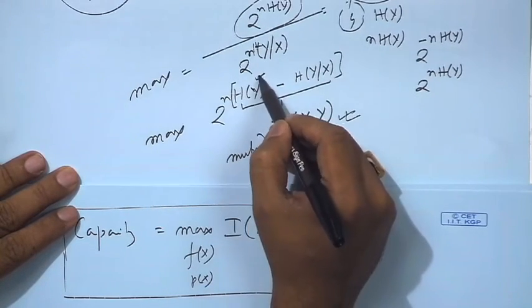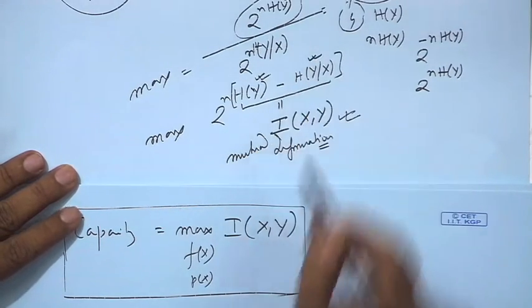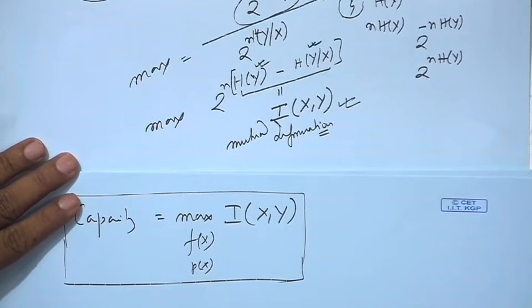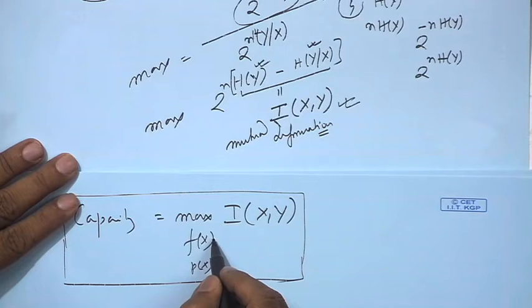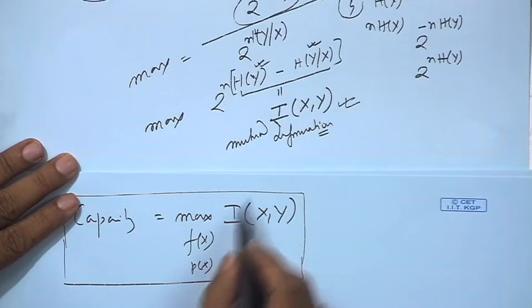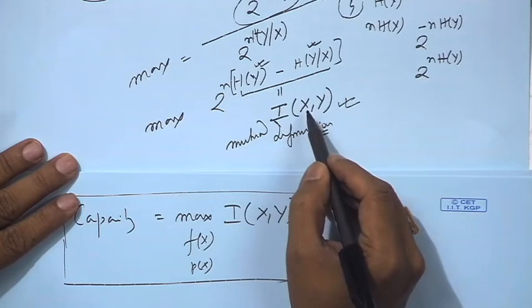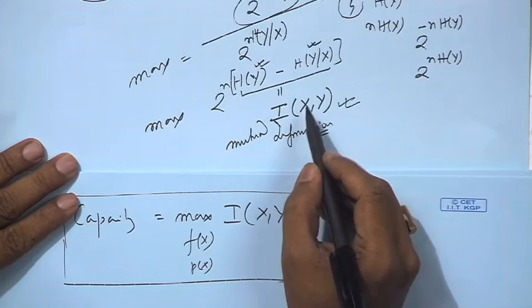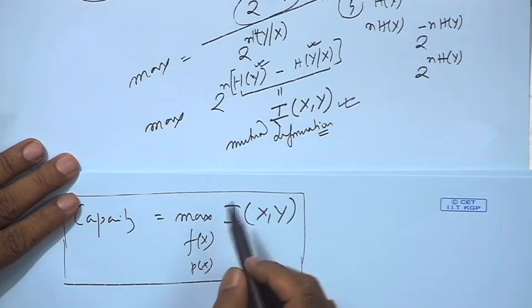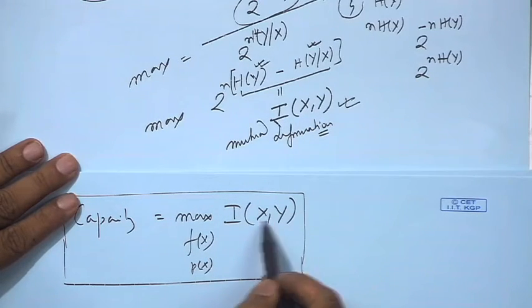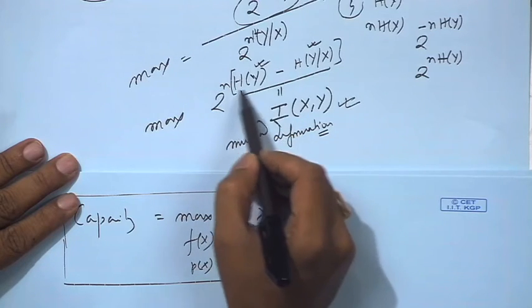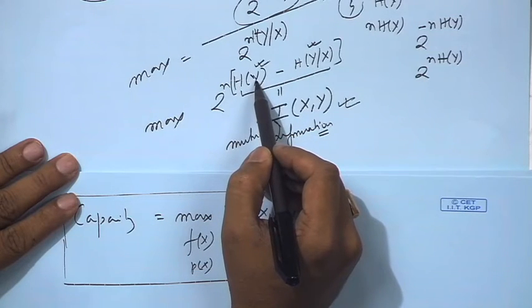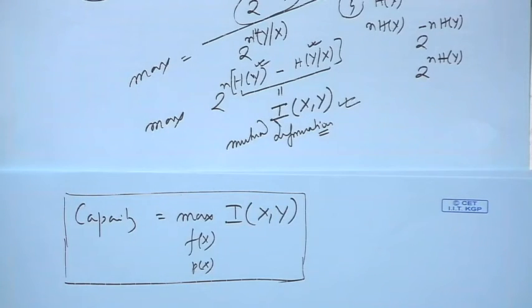We have defined H(Y) and H(Y given X), and what we now need to do is to find the distribution of the source for which this expression is maximized. Just giving you hints, we have seen that the distribution which maximizes this expression, which is determined by H(Y), as we have derived for continuous random variables, is the Gaussian distribution.